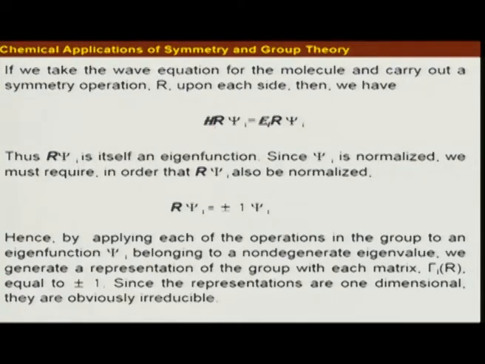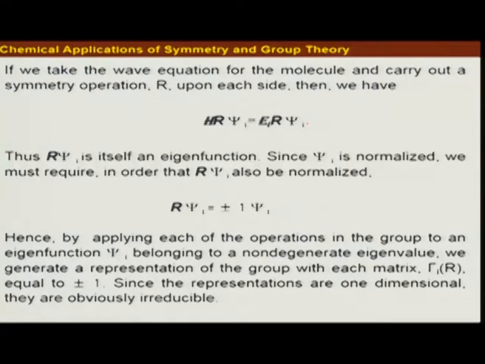Therefore, when I operate the Hamiltonian on this R psi i, it is going to give me the same eigenvalue E i and return me this R psi i. Therefore, this R psi i also acts as an eigenfunction of the Hamiltonian operator, that is obvious here.